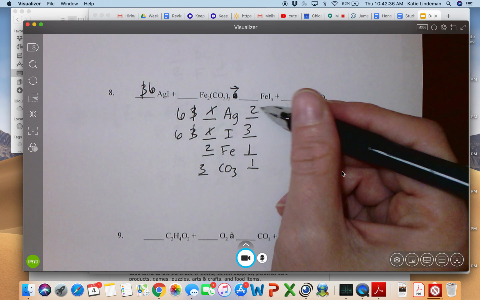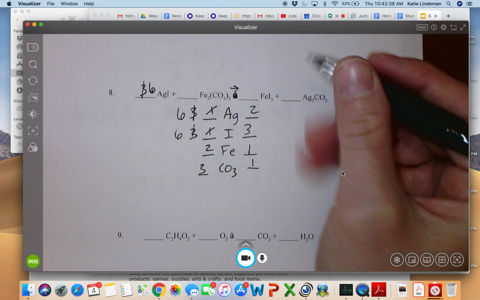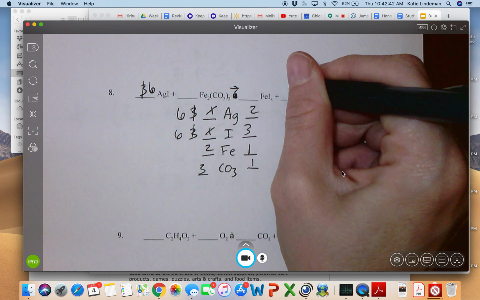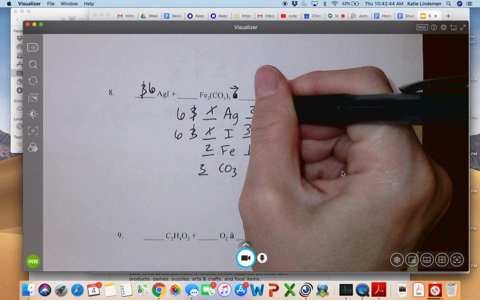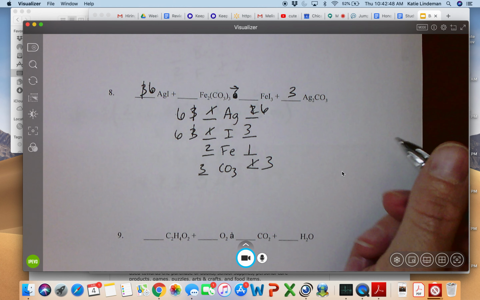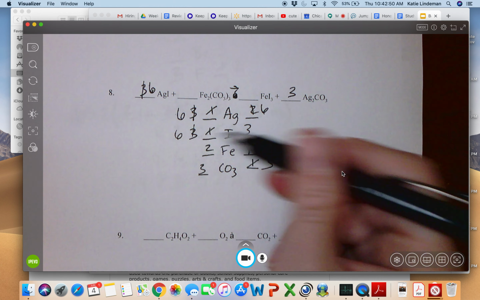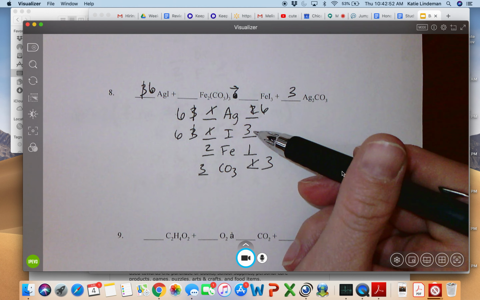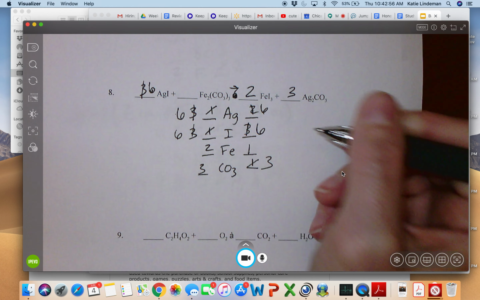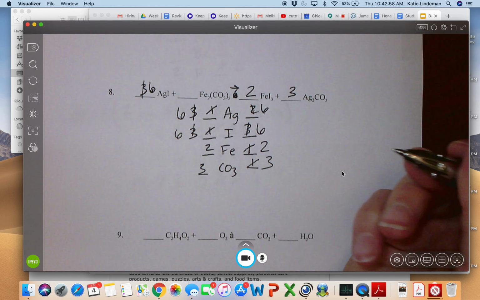I want to make sure I'm distributing all these things correctly though. So on this side, I'm going to need a 3 here, because then this becomes a 6, and then that becomes a 3. So now my iodine is unbalanced, so I'm going to go back and fix that. So if I multiply this by 2, this becomes a 6, and then this actually becomes a 2, and that balances it.